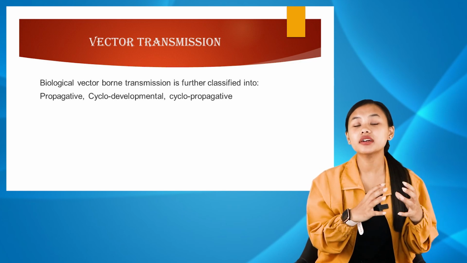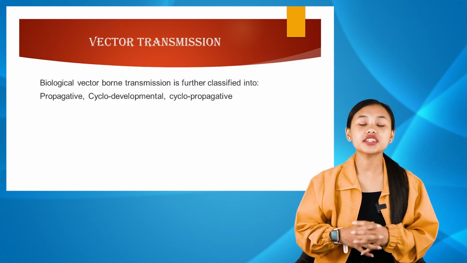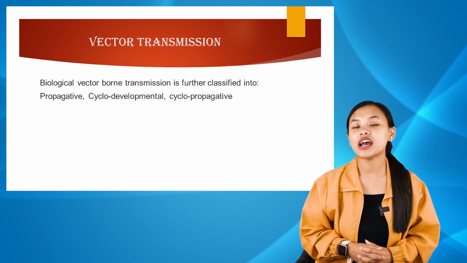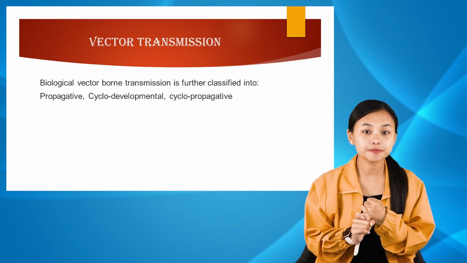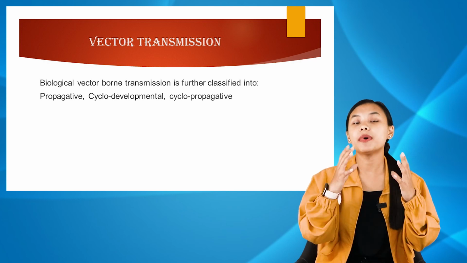Whereas the mechanical vectors are the inanimate objects that are contaminated with the infected body fluid, such as the central line catheter, as well as the needle and syringes which are shared by the IV drug users. So this is about the vector transmission through which the microorganisms or even the pathogens can be transmitted from an infected person to a healthy person.